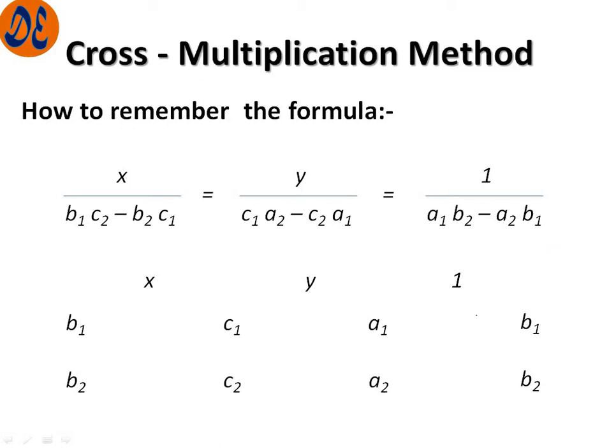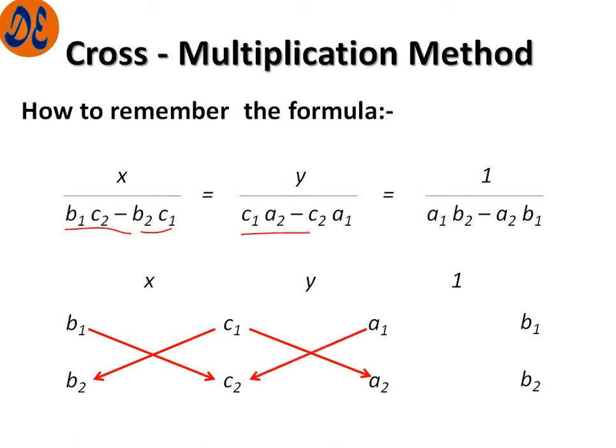Now the next part, cross multiplication: b1 multiplied by c2 minus b2 multiplied by c1. Similarly for y, c1 multiplied by a2 minus c2 multiplied by a1. Similarly the third also gives the same thing.